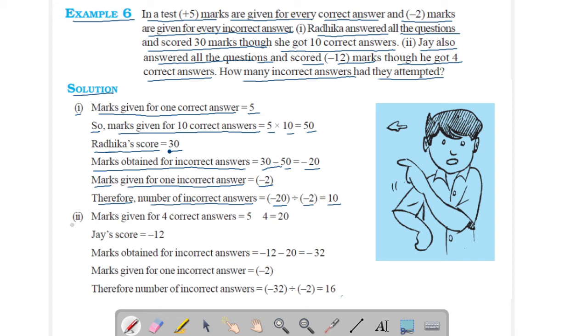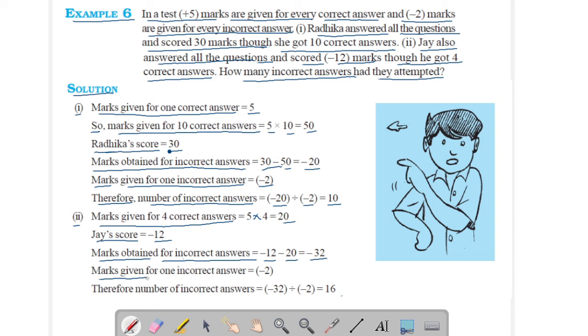Now second part. Marks given for 4 correct answers equal to 5 into 4 equal to 20. Jay's score equal to minus 12. The marks obtained for incorrect answers equal to minus 12 minus 20 equal to minus 32.